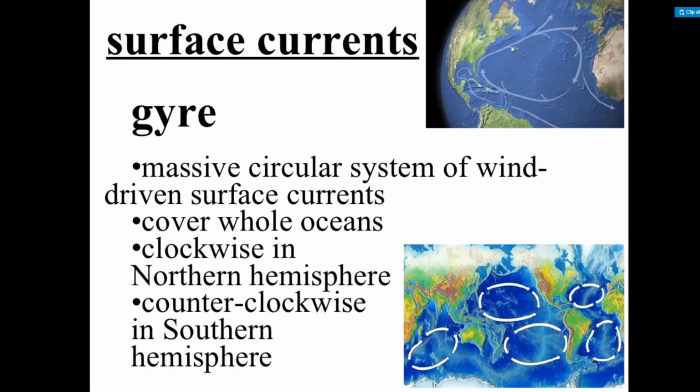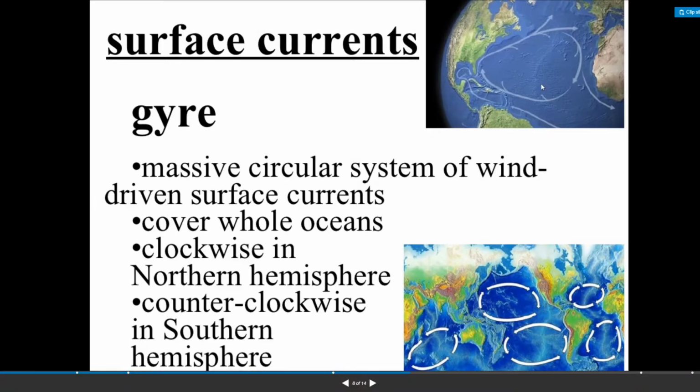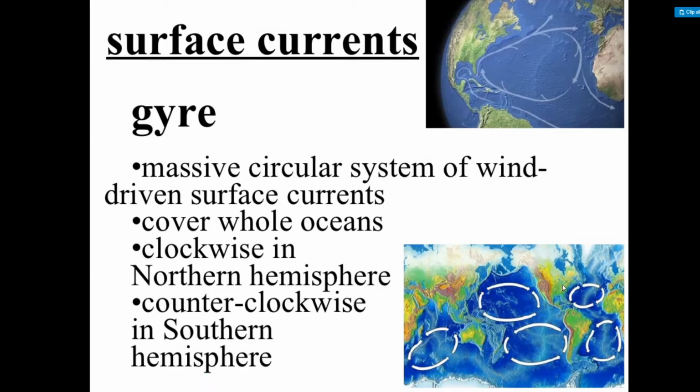But these are massive circular systems of wind driven by surface currents. And you'll notice when you look at currents maps that in the northern hemisphere, they are always going clockwise and counterclockwise in the southern hemisphere. So we can see that on this map here. Here's the United States. Here's Columbus, Ohio, where all of my students are sitting watching this video, happy as a clam to be hearing my voice over the computer.